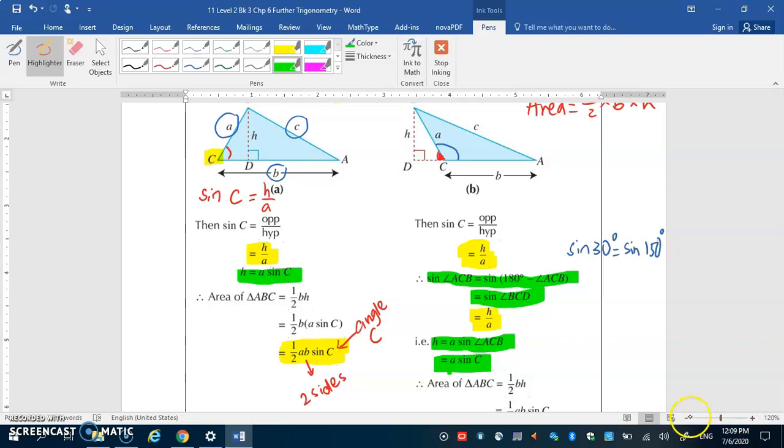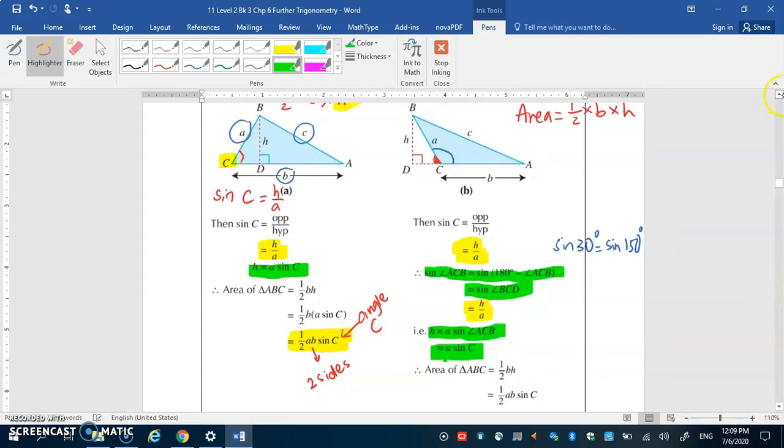If I substitute what I've derived into the formula half times base times height, I will get half times base times H, which is A sine C. That brings me to this formula, half AB sine C. So once again, you get the same formula that you derived for the acute angle triangle as well.